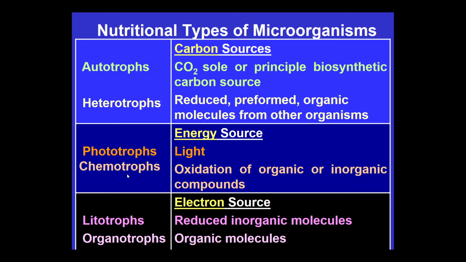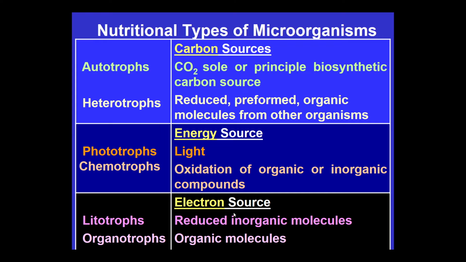So then they can also be classified according to the energy source they use. For example, phototrophs use sunlight, the energy of the visible light spectrum, right? The second type is chemotrophs, which obtain energy through oxidation of organic or inorganic compounds.